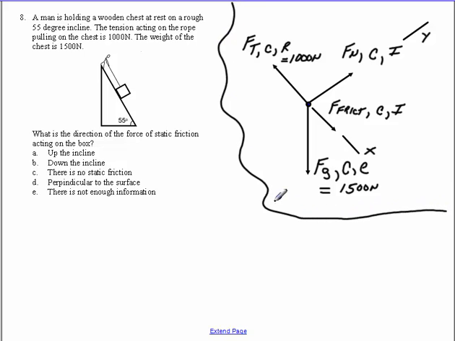Now, the only thing is you need to find out what these angles are. If this is 55 degrees, then this is the upper part of this triangle here, which would be right here. So we know that this angle here would be 90 minus 55, or this would equal 35 degrees. Because 35 plus 55 gives me the 90.